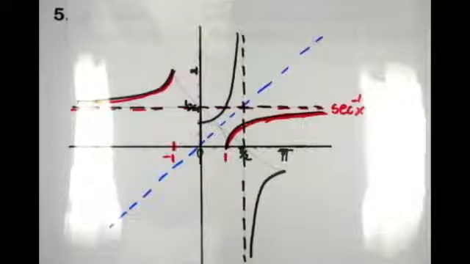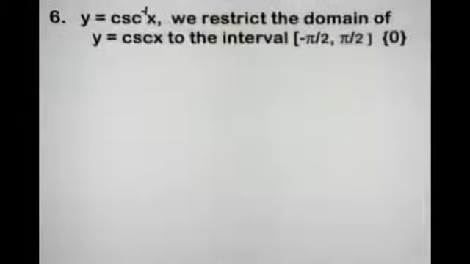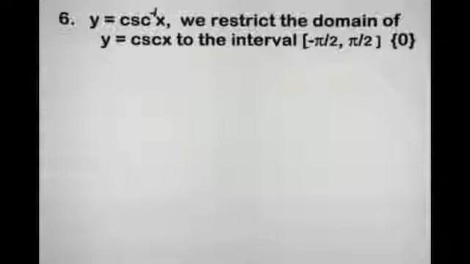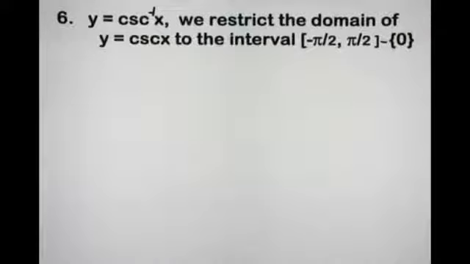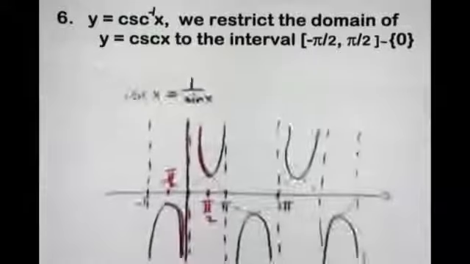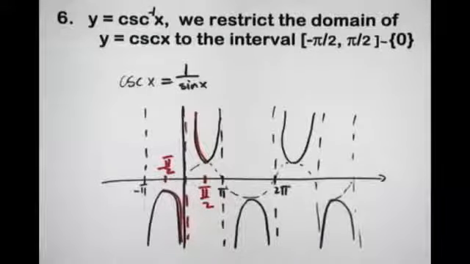And number 6, we have cosecant inverse. We restrict the domain of cosecant to the interval minus pi over 2 to pi over 2, minus 0. The cosecant function is 1 over sine.